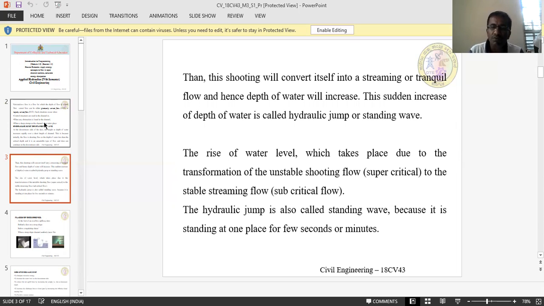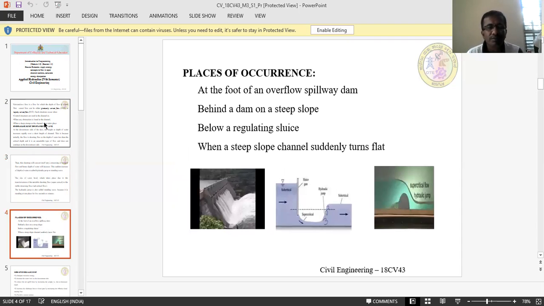Find the values of F1 and F2, and on that basis decide whether a hydraulic jump occurs or not. The hydraulic jump is also called a standing wave because it stands at a place for a few seconds or minutes. Once the hydraulic jump occurs at that particular place, it is stationary for a few seconds. That is why it is called a standing wave.